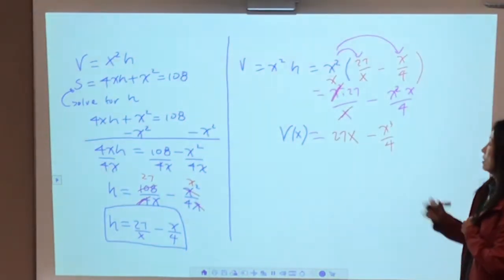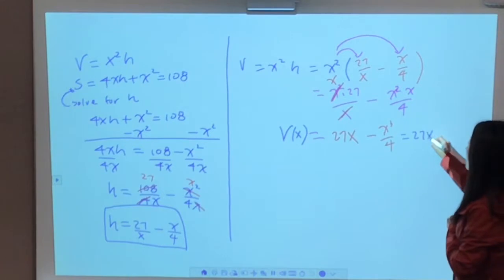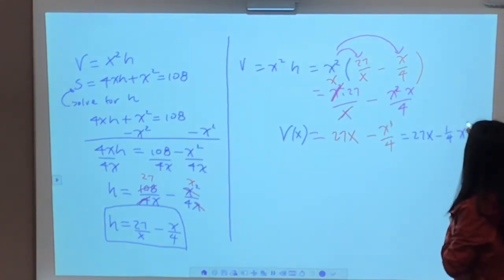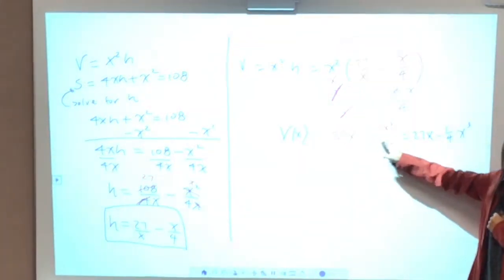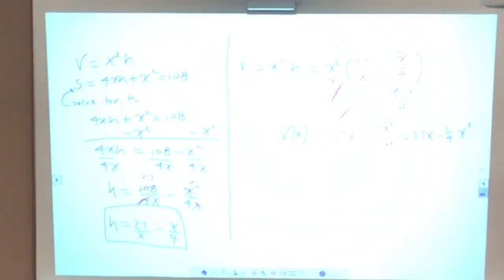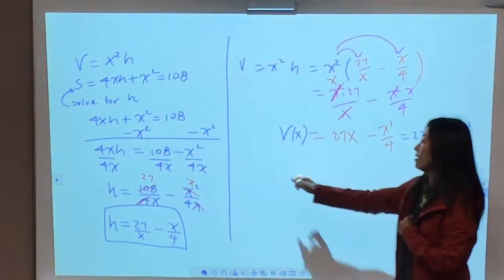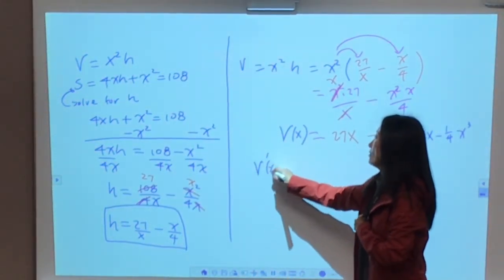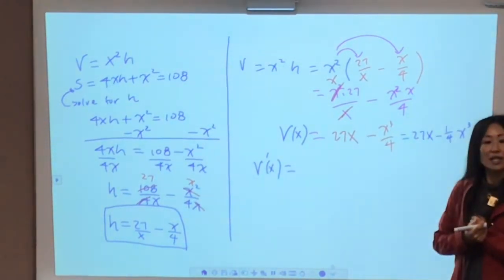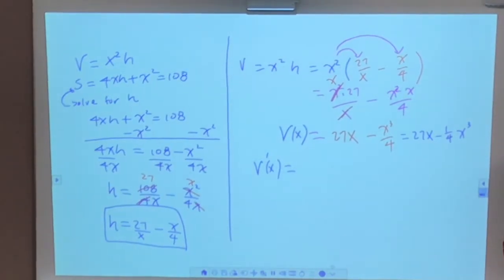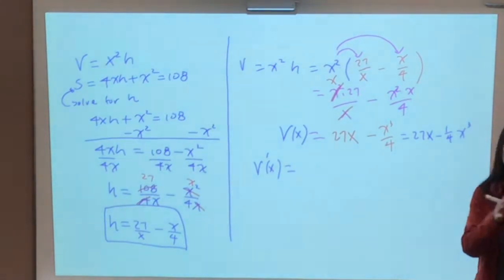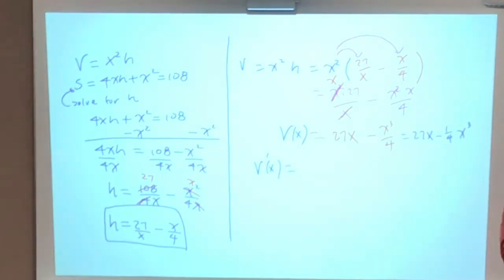All right, so I can rewrite this as 27x minus 1/4 x to the third. Remember this one? I can put the coefficient in front and the x behind, so I can use the power rule. Let's take V prime of that. The reason I'm taking the first derivative is because it says find the maximum volume. If it's talking about maximum and minimum, you have to take the first derivative, set it equal to 0, and find your critical number.